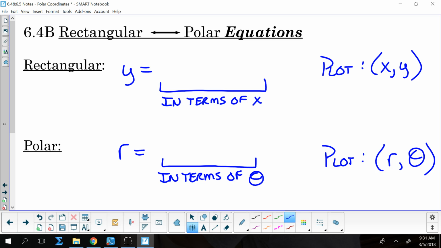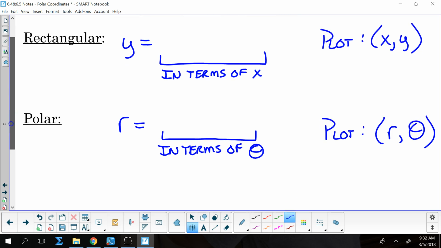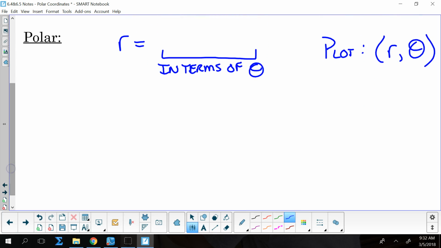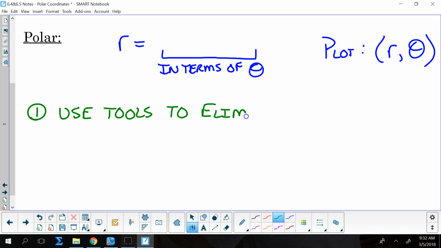Okay, we do it a little backwards. So if I'm going to convert between those two, the first thing that I am going to do is use my tools to eliminate x and y.